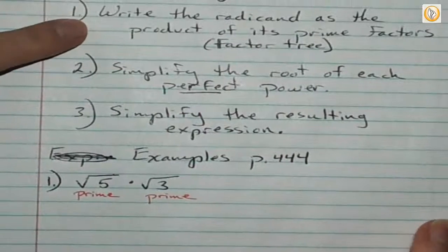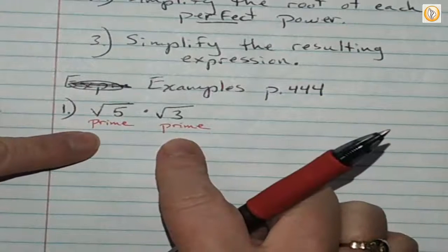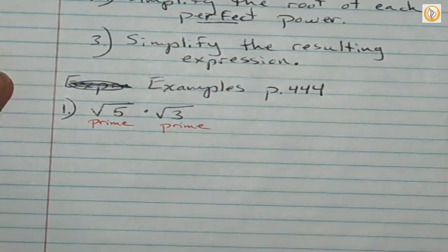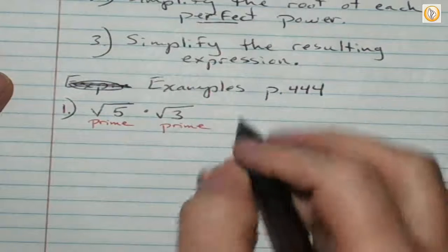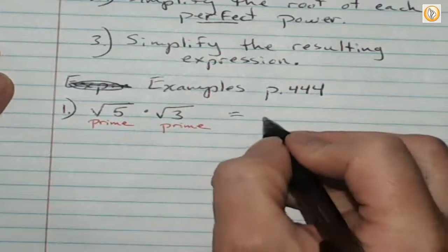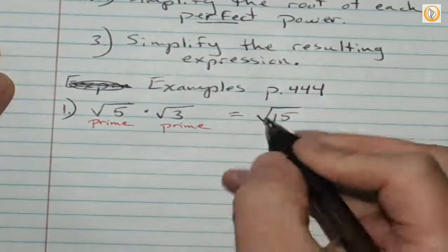Okay, remember step 1 said do the factor tree of each of the radicands, basically? We can't do that when the numbers are prime, can we? So, what is 5 times 3? So the answer is square root of 15.